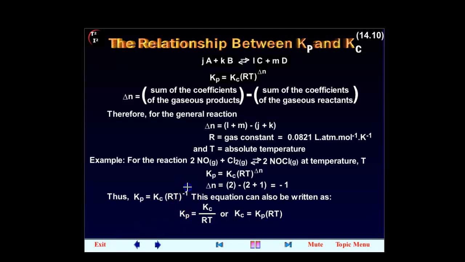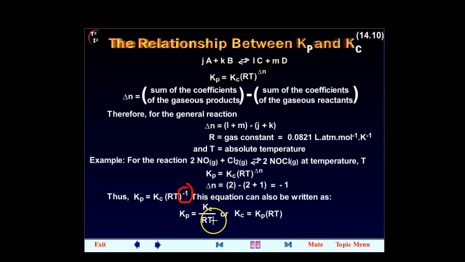Remember, when you have an exponent of negative 1, that means it's going to be the reciprocal. So in other words, RT will be at the bottom, the denominator. That is what it means when you have negative 1.